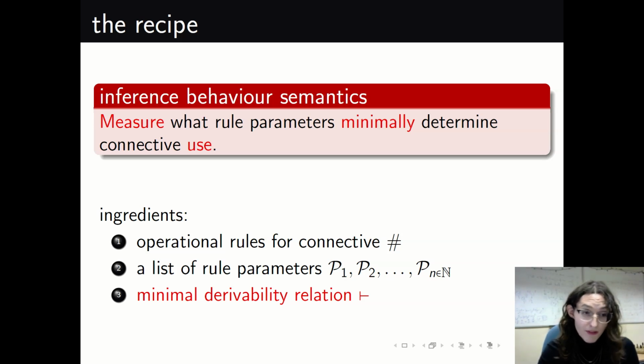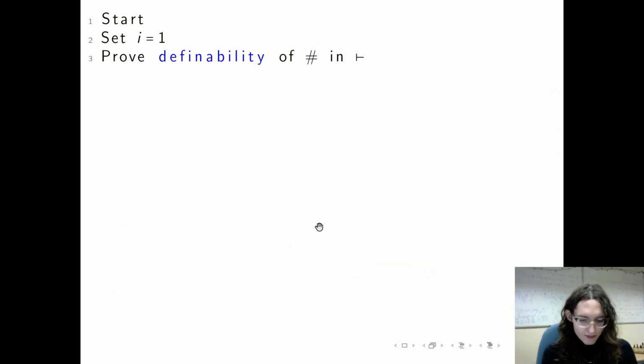Our derivability relation in a sequent calculus is our sequent symbol, right? It's the turnstile we've been using. So what properties this turnstile satisfies. And now that we've got all our ingredients at hand, let's look at what the measurement process looks like in detail. Let's make the actual semantics. A nice way of representing this is in the form of a very simple algorithm.